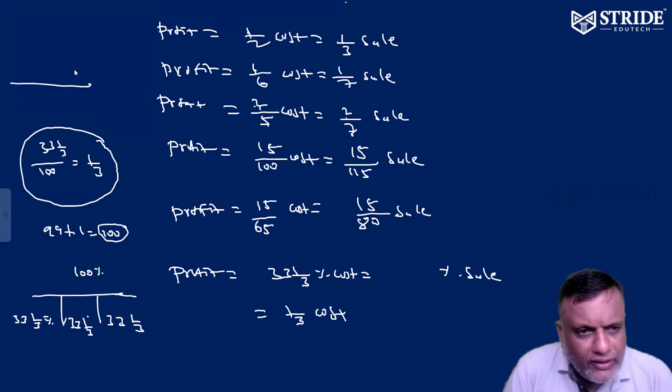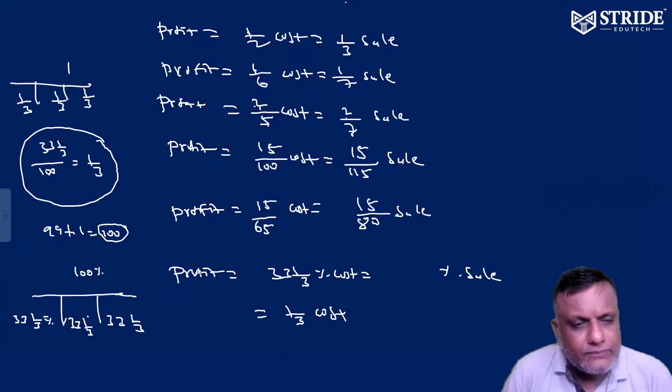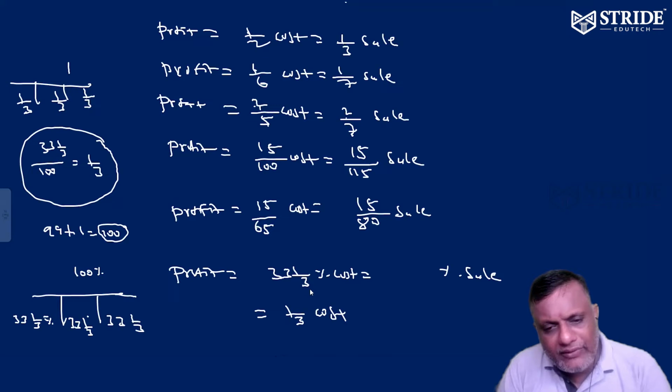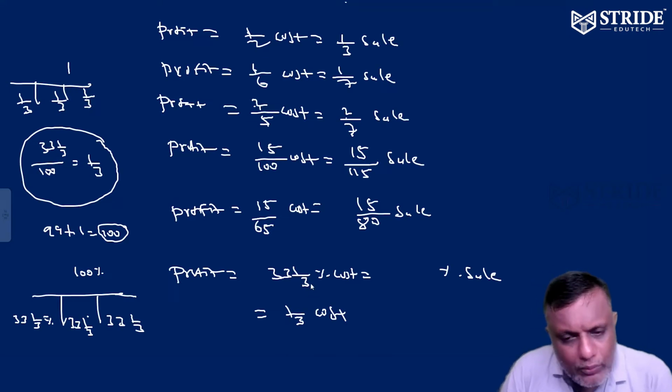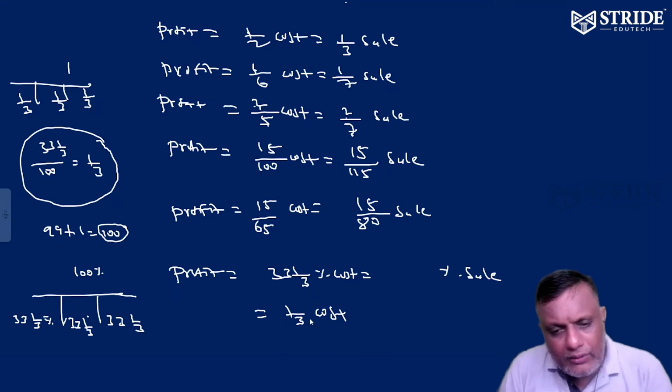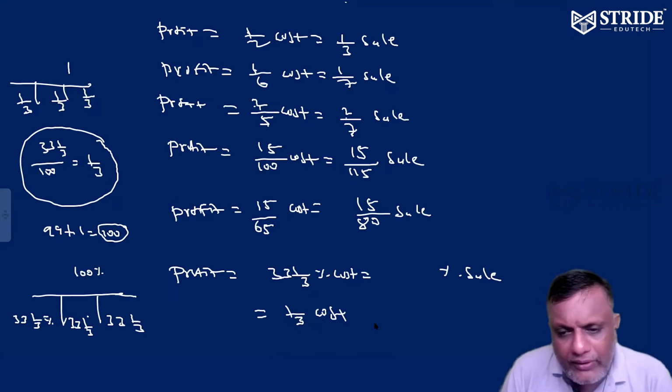If you divide 1 into three components, it is going to be 1/3, 1/3, and 1/3. So 33 1/3% of 100 is equal to 33 1/3. If you divide 100 into three components, each component represents 33 1/3. If you divide 1 into three components, each 1/3 portion is equal to 1/3.